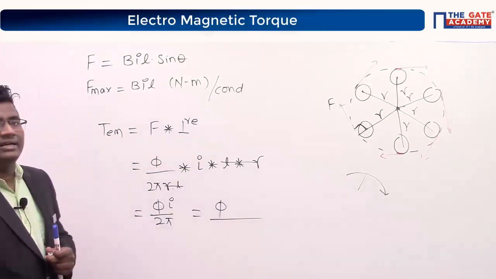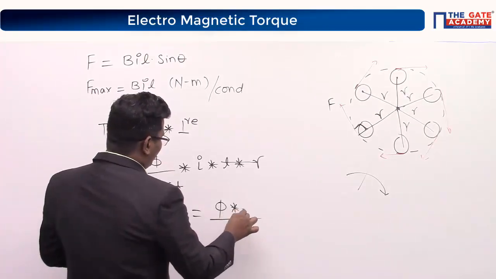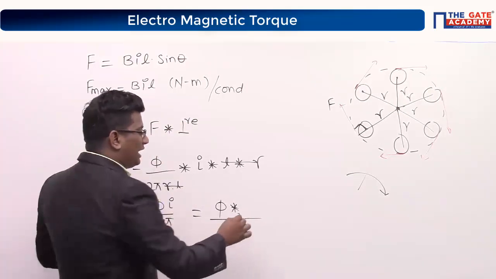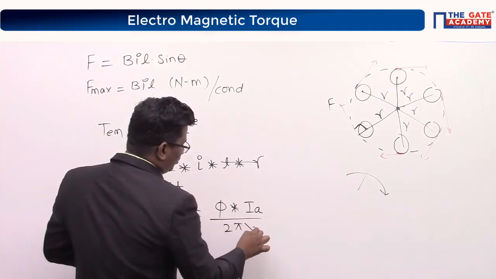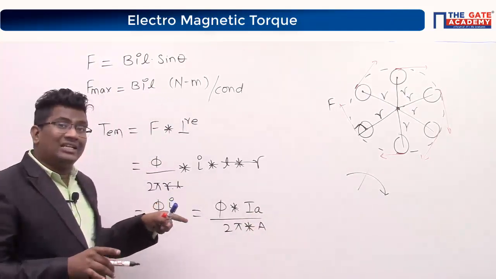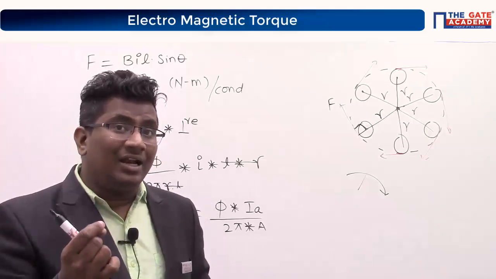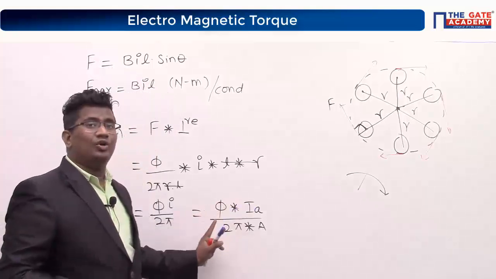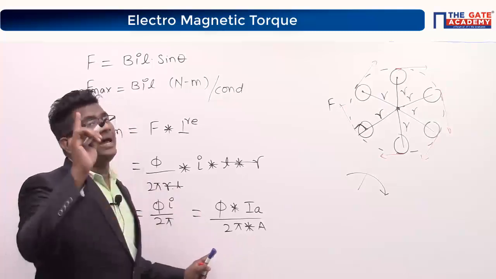The current carried by the conductor is nothing but the parallel path current, so I can write Ia by A. Therefore, phi into Ia by 2 pi into A, correct? Yes. Now, this is for per conductor.